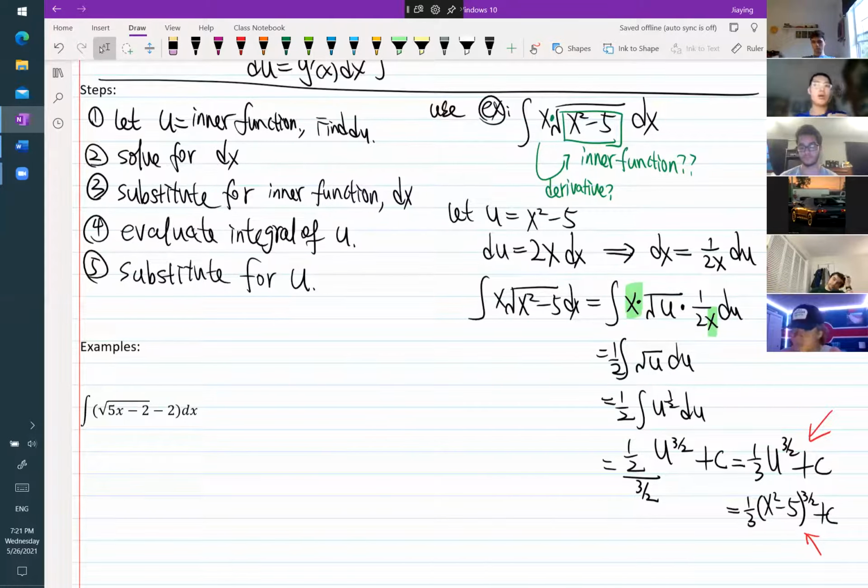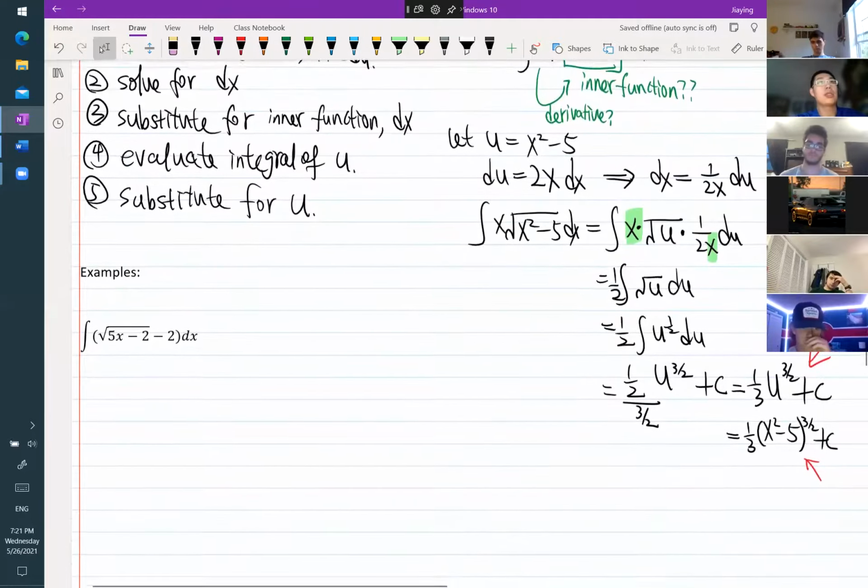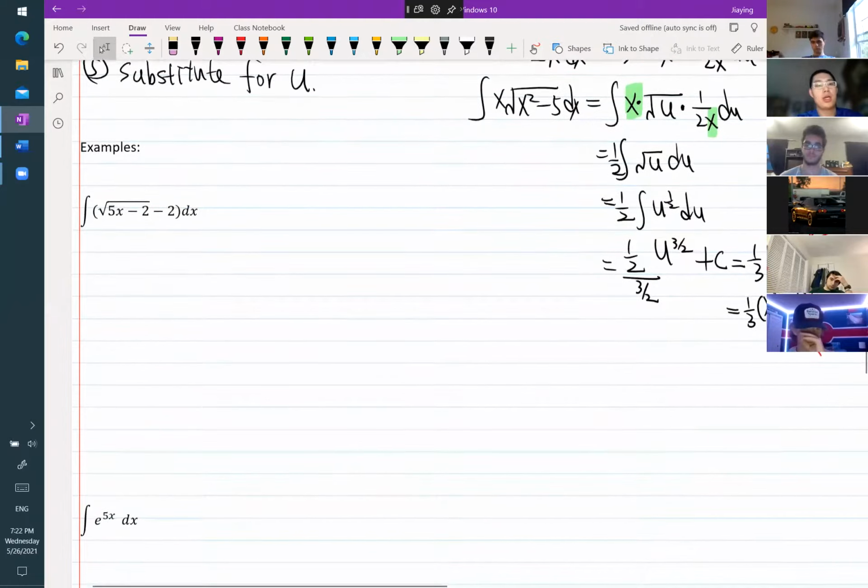But the key is that you always set u equal to some kind of inner function that will help you turn it into an integral of u. All right, I'm not seeing any questions, so I'm going to move on.